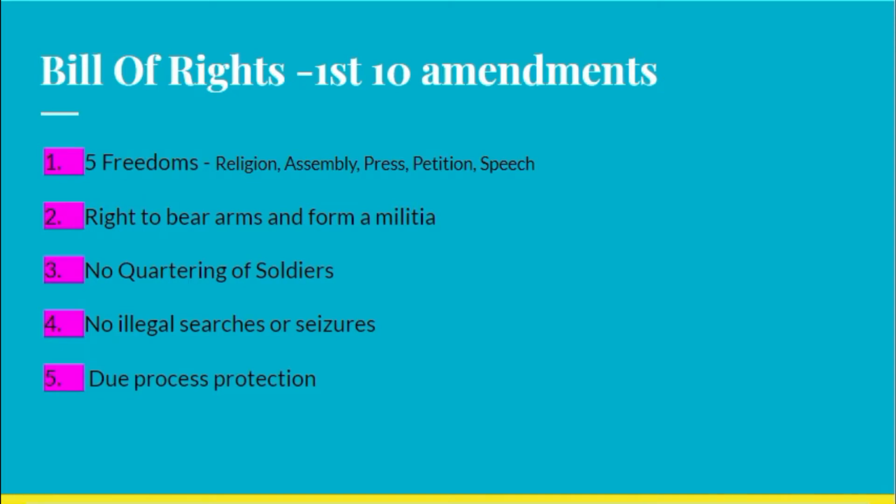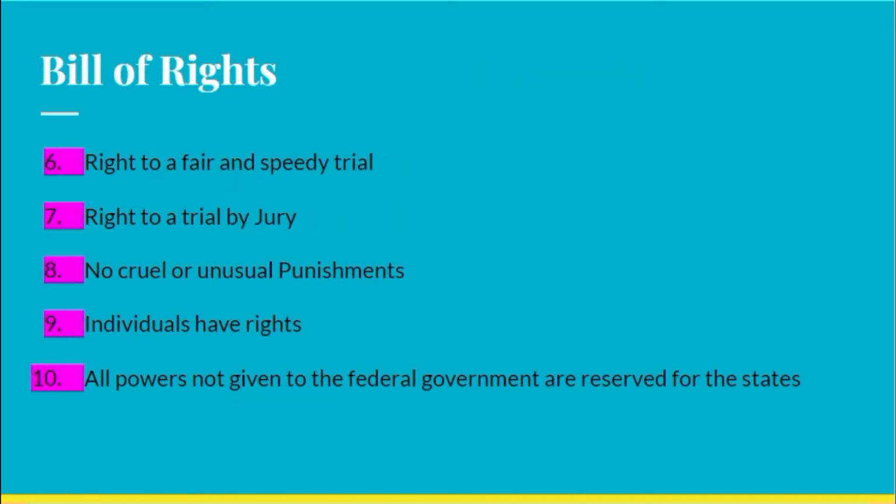The Fifth Amendment talks about due process, protection against the federal government. We've talked about this before, so keep in mind that idea. The Fifth Amendment is the protection against unfair government actions. And then we move to the last 5. Amendment 6 talks about the right to a fair and speedy trial.